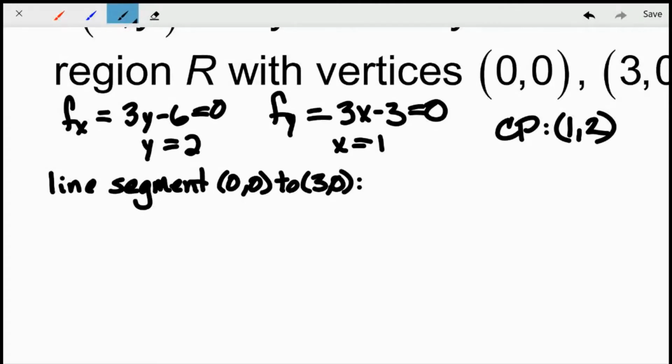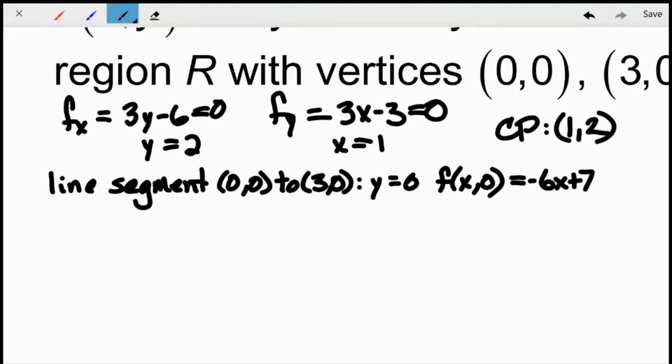Okay, so when I'm along that line, I know y is equal to 0 because I'm on the x-axis with those points. And that means that if I look at my function, f of (x, 0), because the y value is 0 on the x-axis, my function becomes negative 6x plus 7.